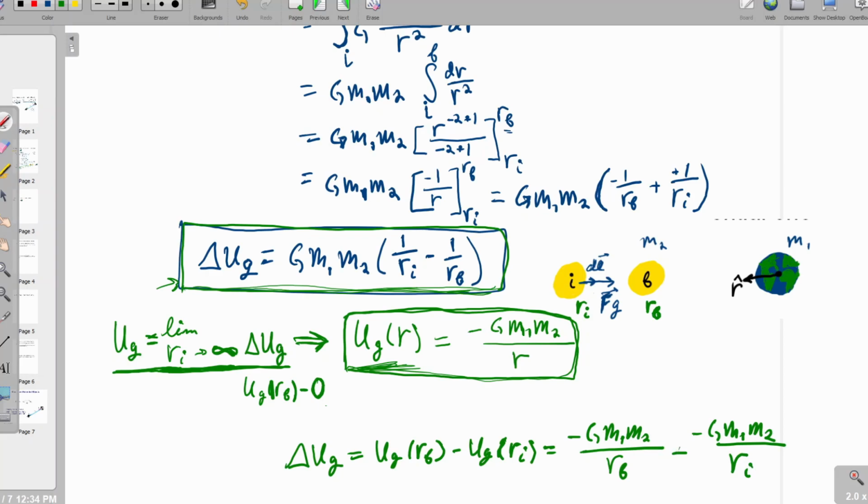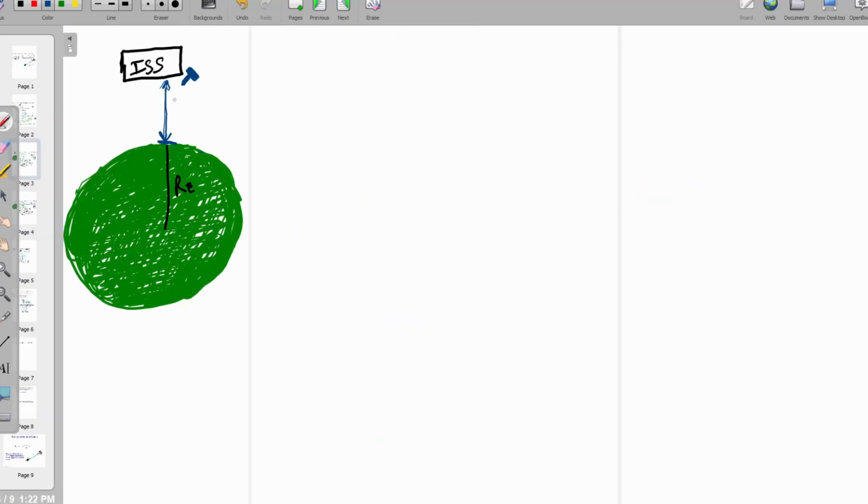And these two things would cancel out. I could factor out the G m1 m2, and I still have this exact same formula that we started out with. So nature does not care about your reference point, of course, but it's just a conventional thing to do: to take the reference point to be infinite and say the gravitational potential energy an infinite distance away is 0. Okay, let's apply this to a quick problem.